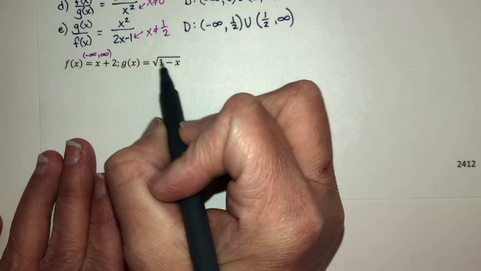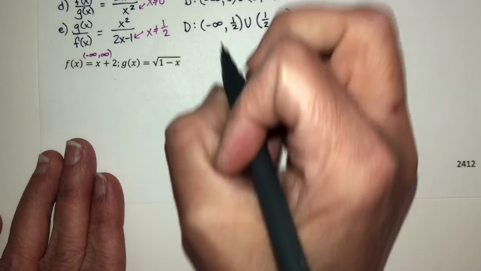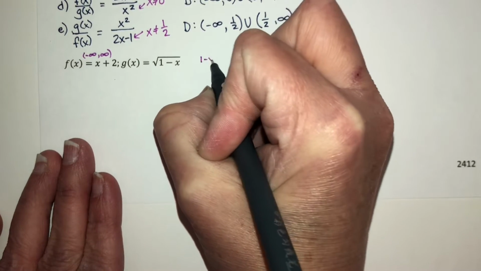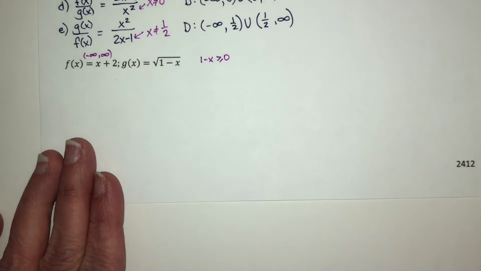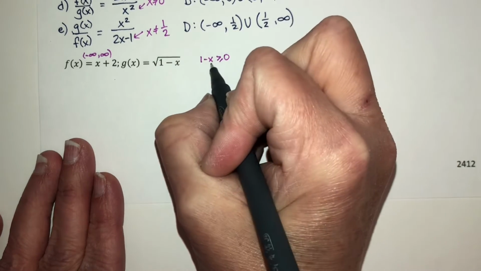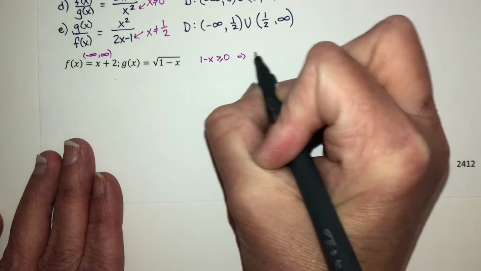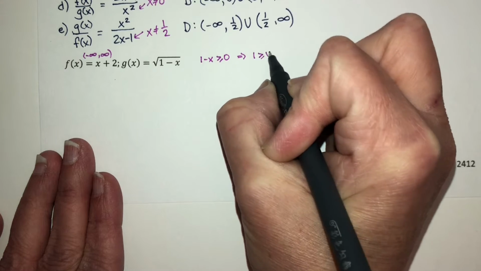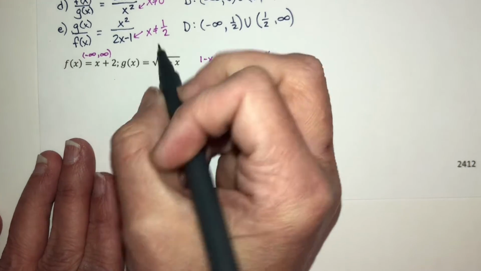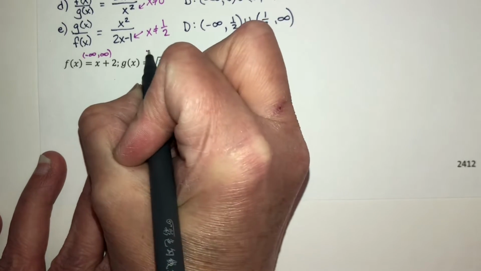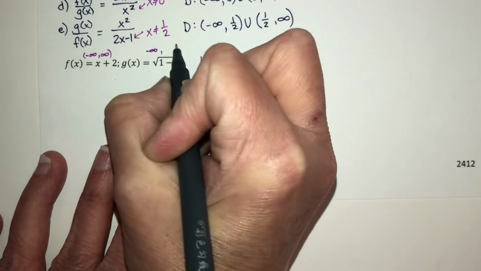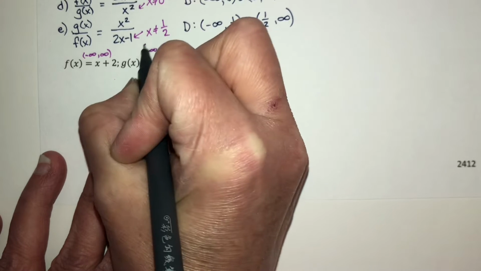Here, though, we're not allowed to take the square root of a negative number. So 1 minus x needs to be greater than or equal to 0 because in general, you can take the square root of 0. And this simplifies to 1 is greater than or equal to x. So this domain will be negative infinity to 1 with a bracket.